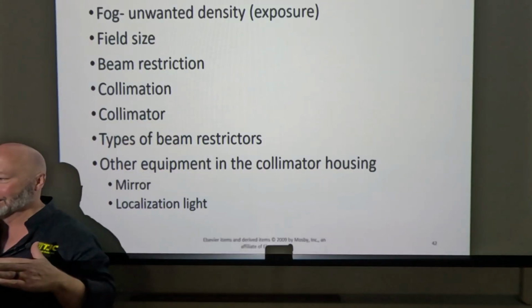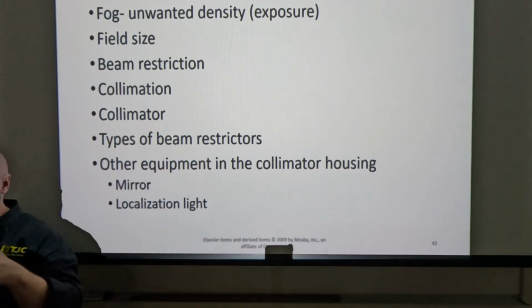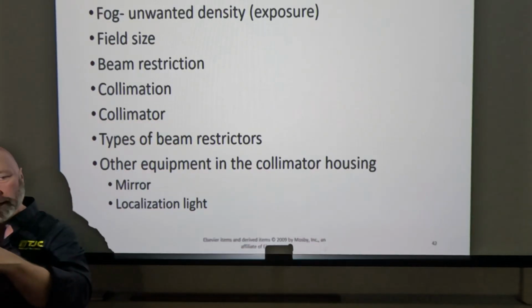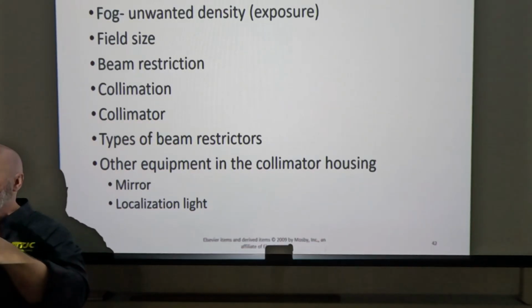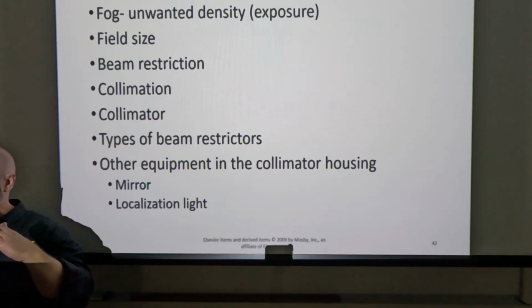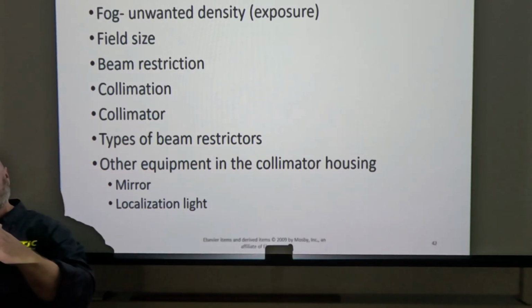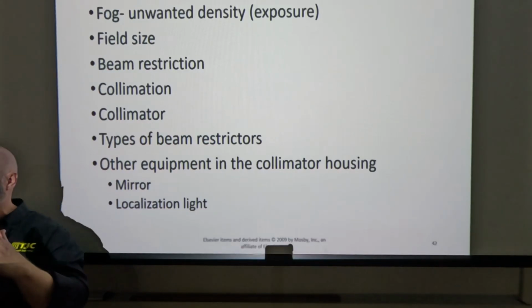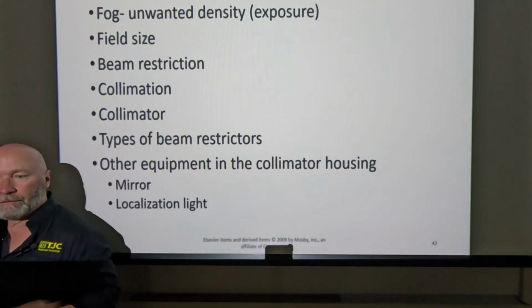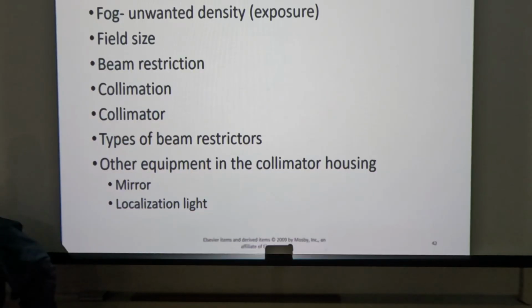The distance from the focus, the focal point on the anode, to the back side of that light has to be exactly the same as to the back side of that mirror, and exactly the same as the distance from the light to the mirror. Now, why is that? What spectrum are light and X-rays a part of? Electromagnetic spectrum. So they have similarities in their behaviors.